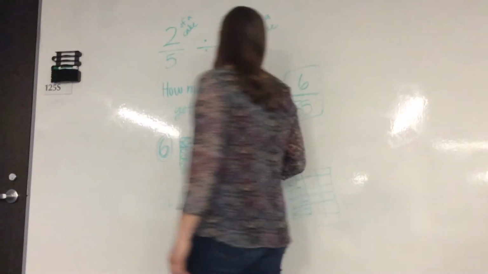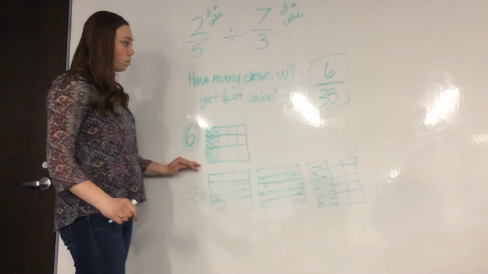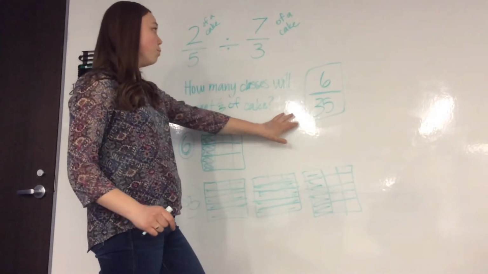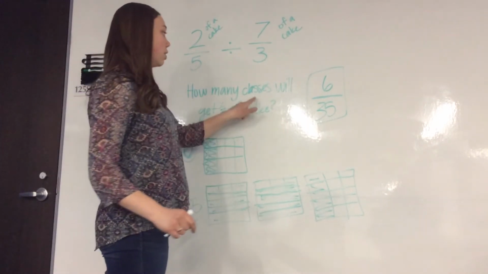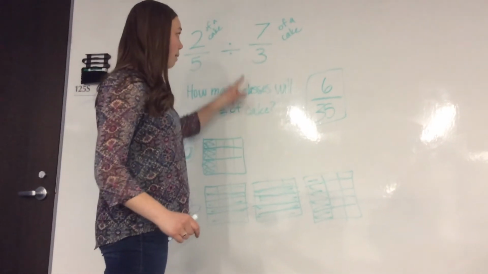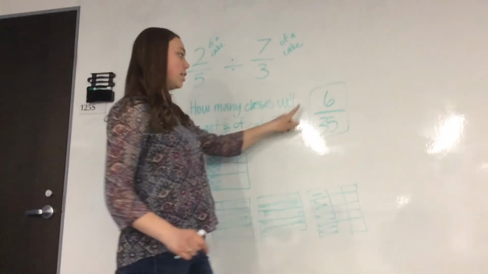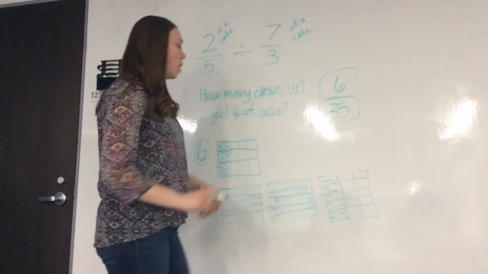The reason our answer is going to be a fraction is because we don't have enough cake to give each class 7/3 of a cake. We only had enough to give 6/35 of a class 7/3 of a cake.